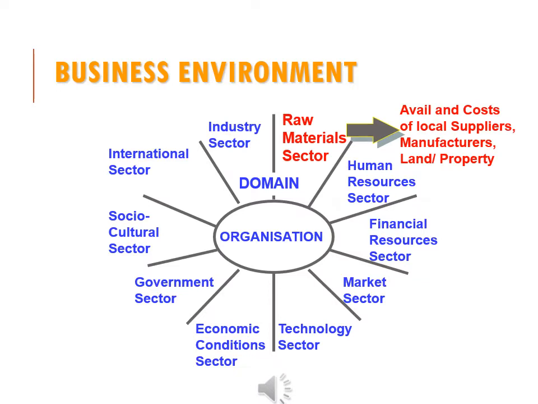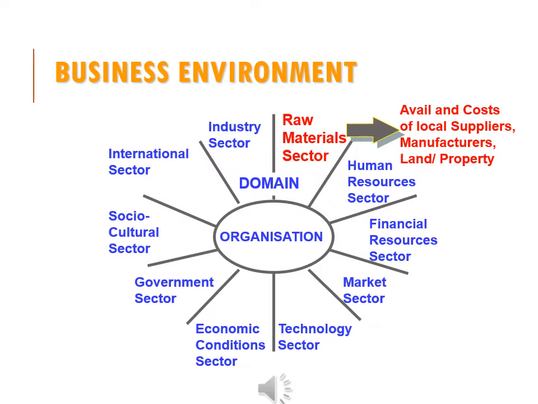So let's take a look at the first sector, which is what we call the raw material sector. Companies are concerned with the availability and the cost of local supplies, as well as supplies initially obtained from overseas.